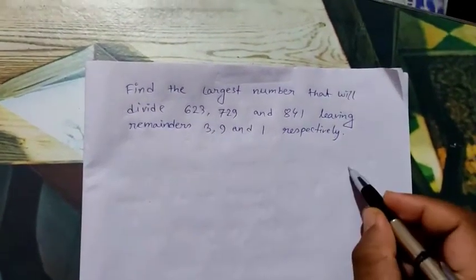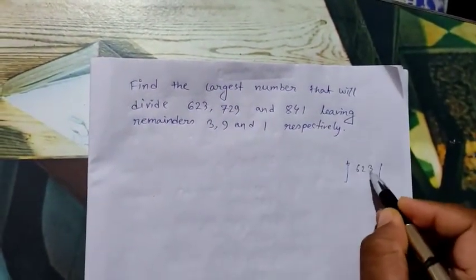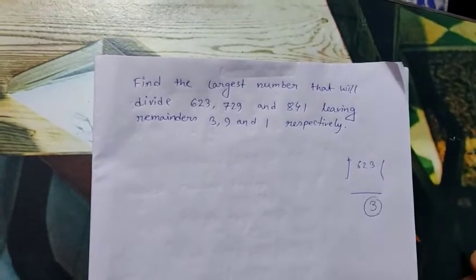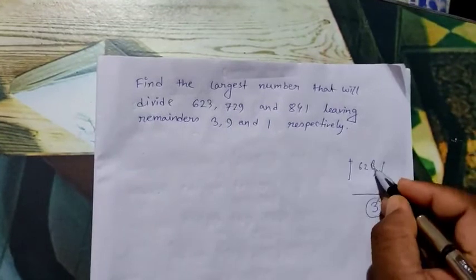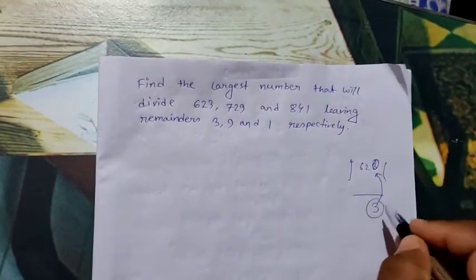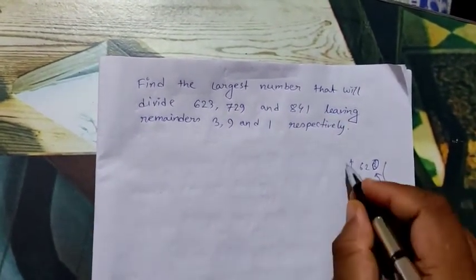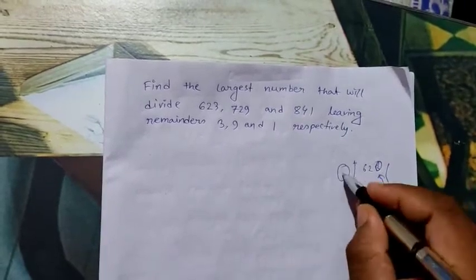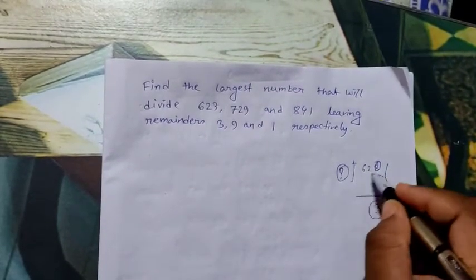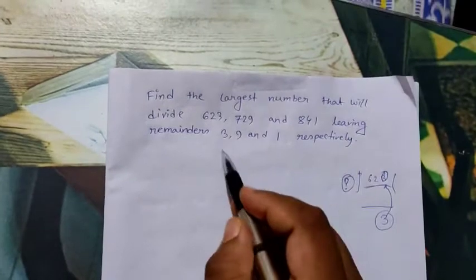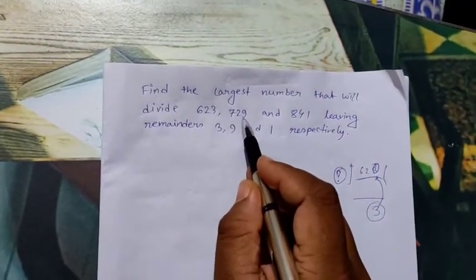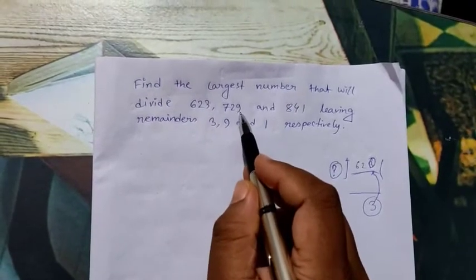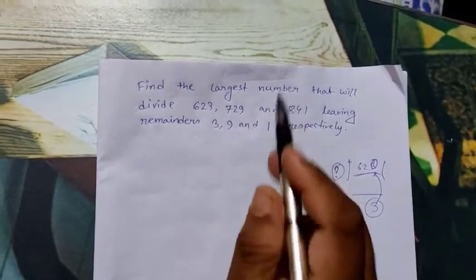Yes or no? So by a certain number, if you divide 623 and you are getting the remainder 3, if you subtract this remainder from the dividend, you will get 620, and 620 will be perfectly divisible by that number. Similarly for the second number, if you subtract 9 from 729, that is 720, it is perfectly divisible by that number.